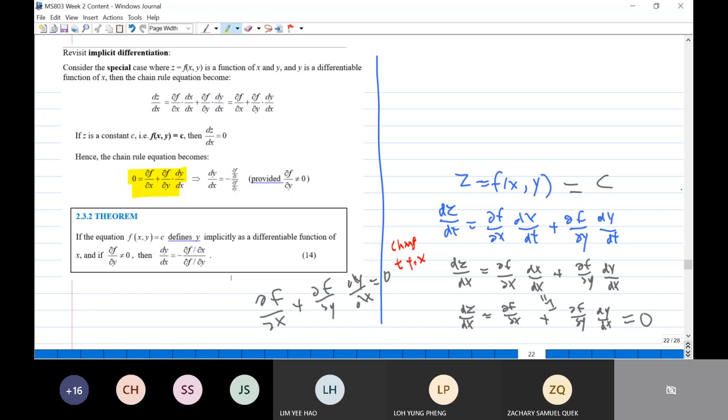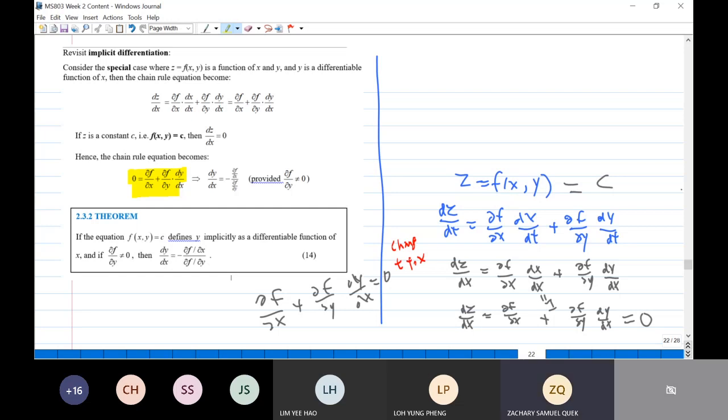So you can use partial differentiation to find dy dx, which usually is easier. If you do it directly, sometimes it's a bit hard. So this is how to do implicit differentiation this way.